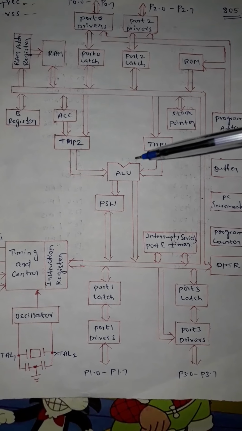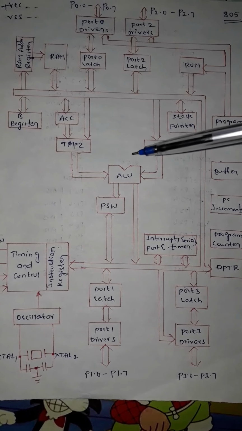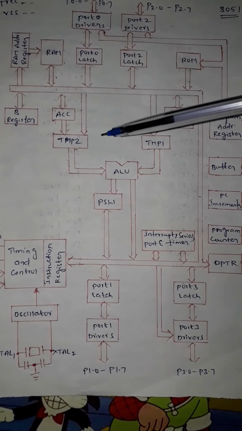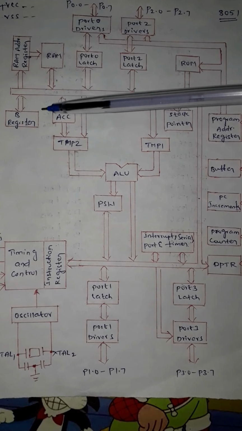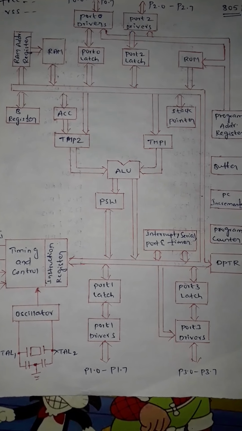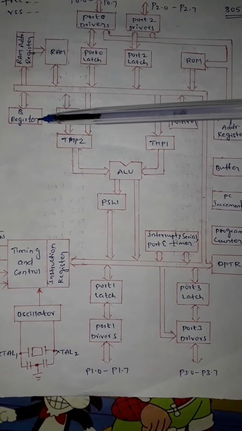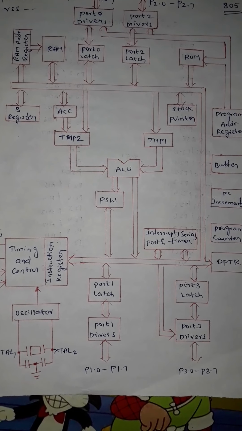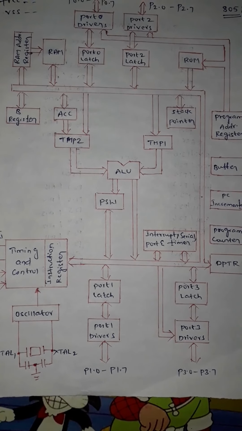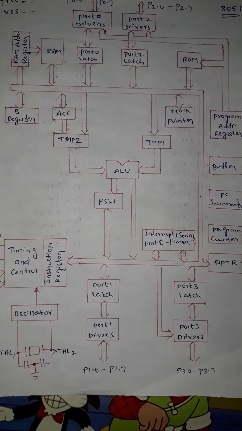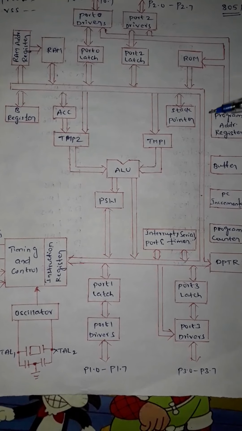Once the ALU performs any operation, the result gets accumulated in the ACC, which is the accumulator register. And we also have another register, the B register. The B register is just like the accumulator. It is also used in multiplication and division operations.